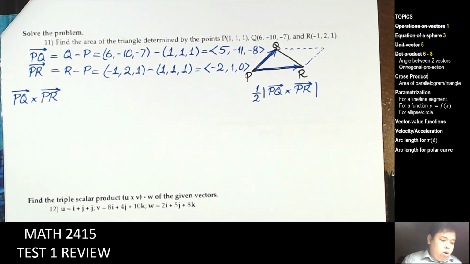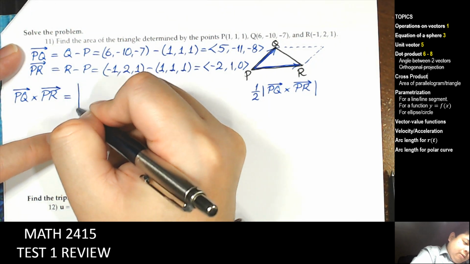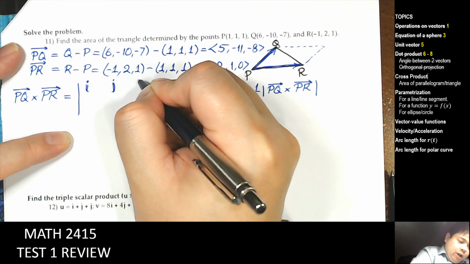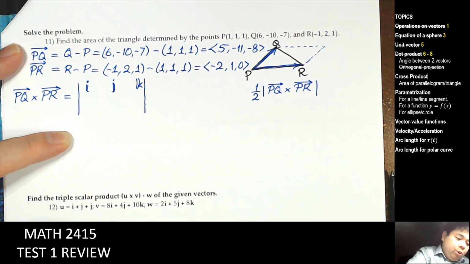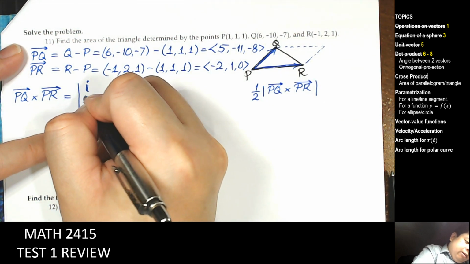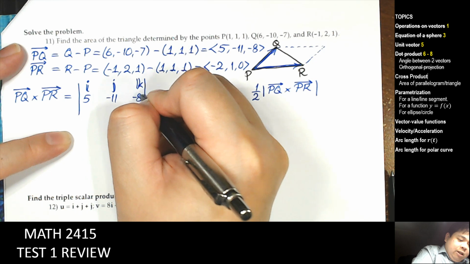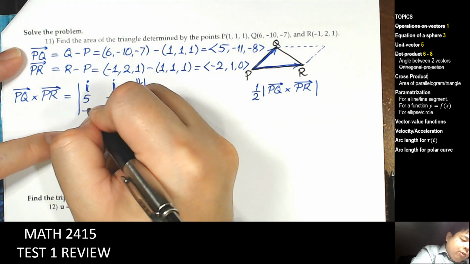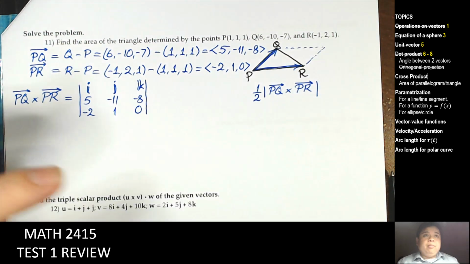So PQ cross PR. We set up i, j, k, PQ as 5, negative 11, negative 8, and PR as negative 2, 1, and 0.